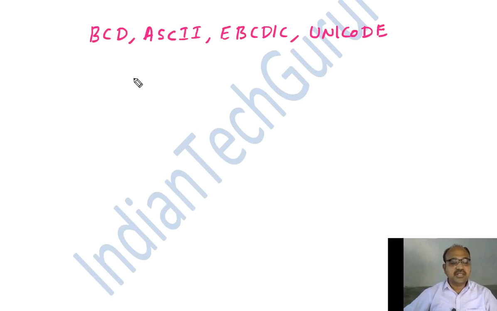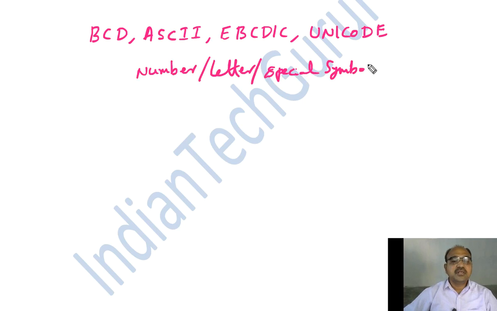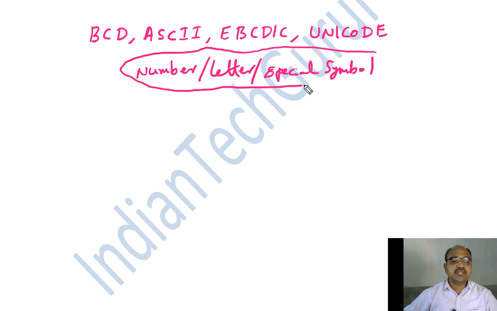So actually, whenever we are going to represent a particular number or letter or any special symbol, definitely all these combinations of alphanumeric characters must be converted into equivalent binary format that we discussed in the previous lectures also.